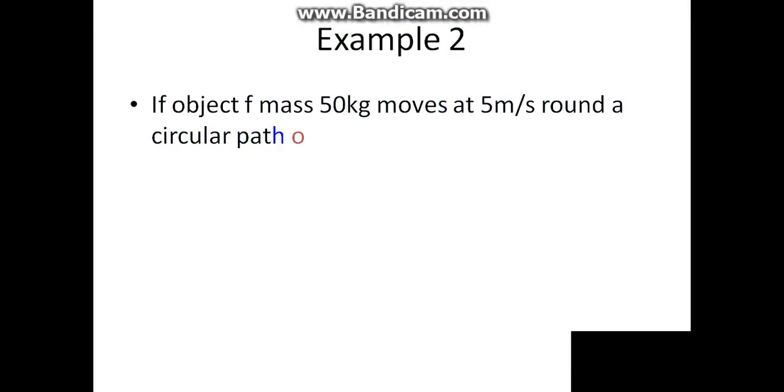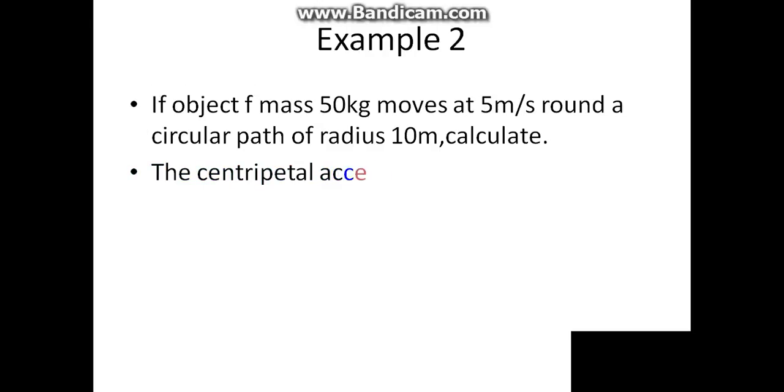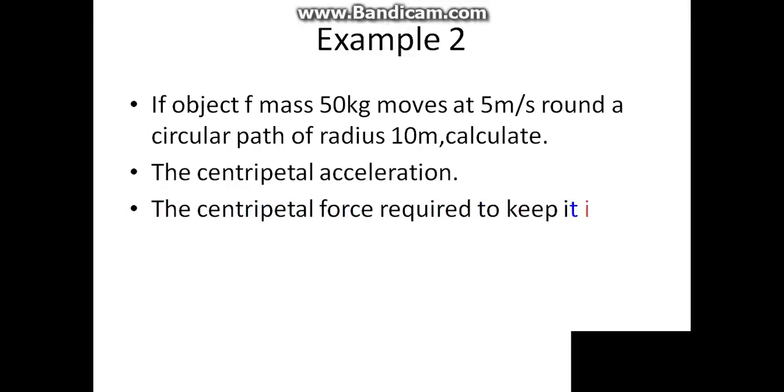Example 2. If an object of mass 50 kg moves at 5 meters per second round a circular path of radius 10 m, calculate the centripetal acceleration and the centripetal force required to keep it in orbit. Solution.